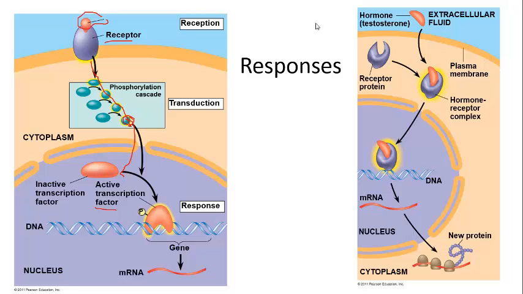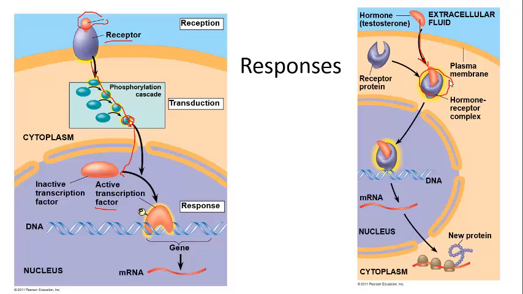Here you see another common response. It's the same response but just triggered by a different ligand. Here we see a steroid hormone like testosterone. Steroid hormones are non-polar, so they go right through the cell membrane. Since they go right through the cell membrane, they bind to a receptor within the cell.